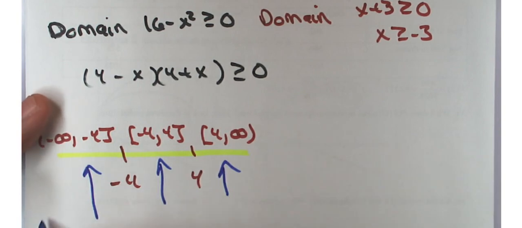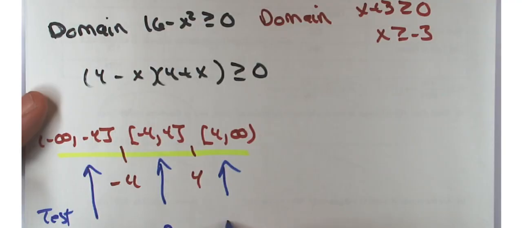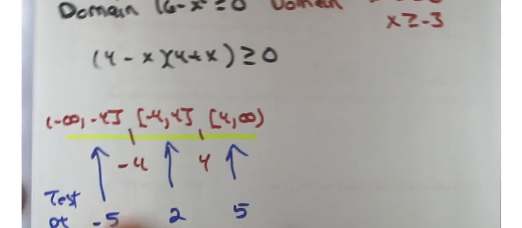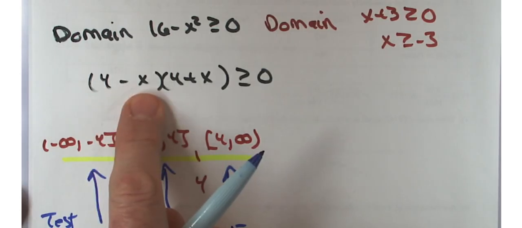What's a value to the left of -4? You don't have to think too hard. You don't get bonus points for giving me a crazy number. -5, and 2, and 5. Sure. Now if I put in a -5, I'd have 4 minus -5 is 9, because the double negative becomes a positive.